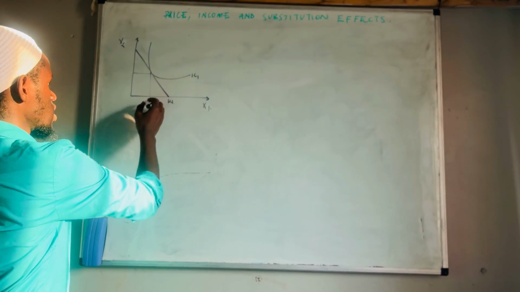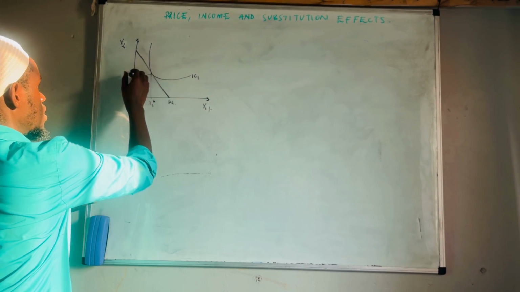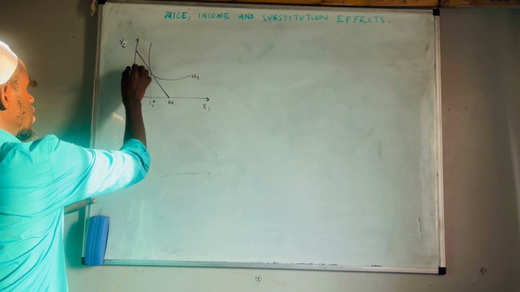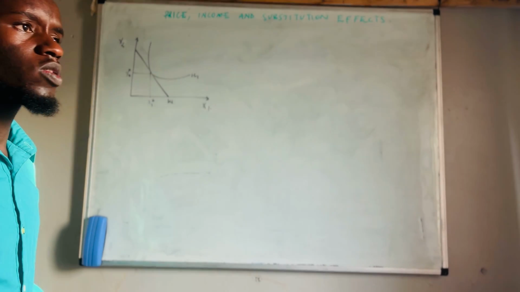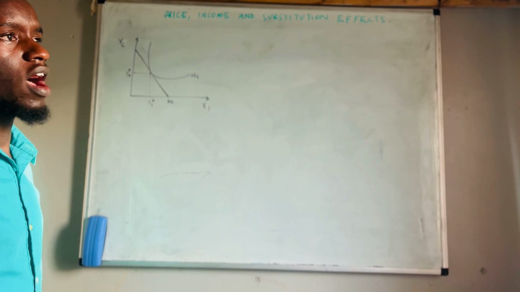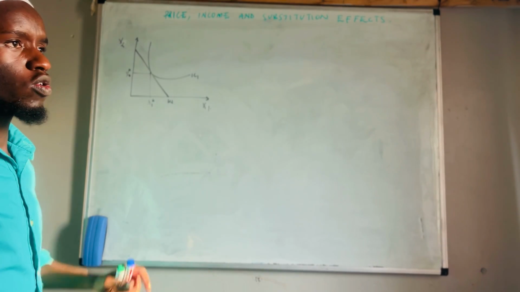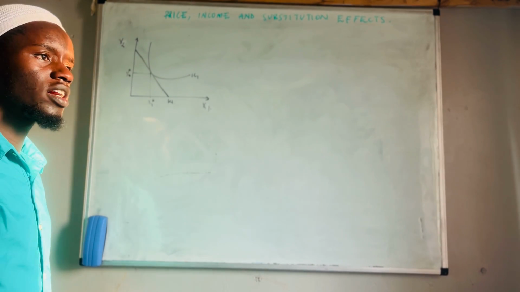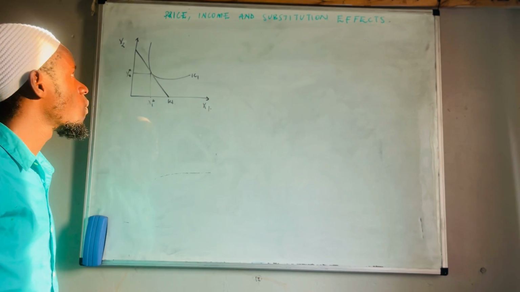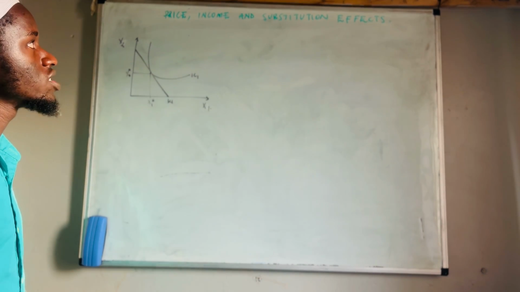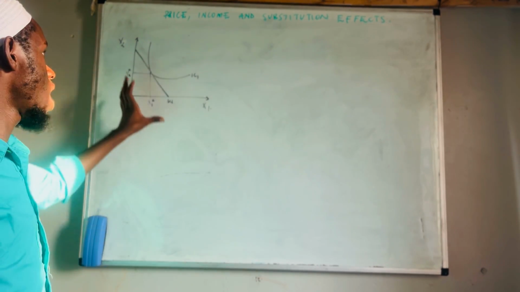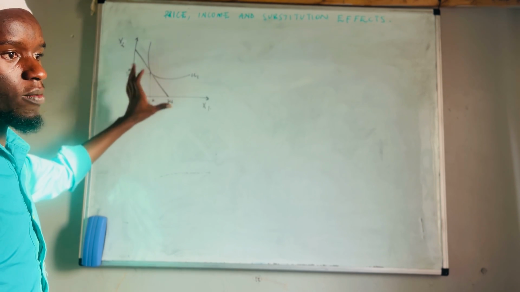This is X1 star, and this is X2 star. This is what we are concerned with under consumer theory. Now, members, here we are going to talk about the effect of price change, income change, and substitution effect. How does it affect our indifference curves and our budget lines?